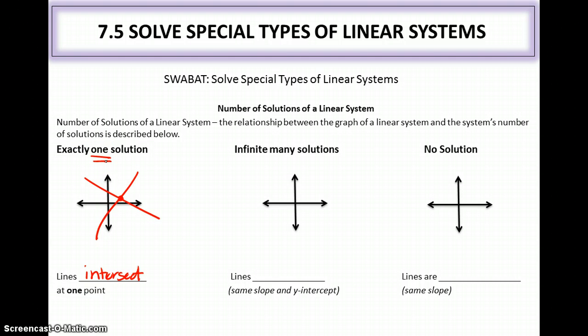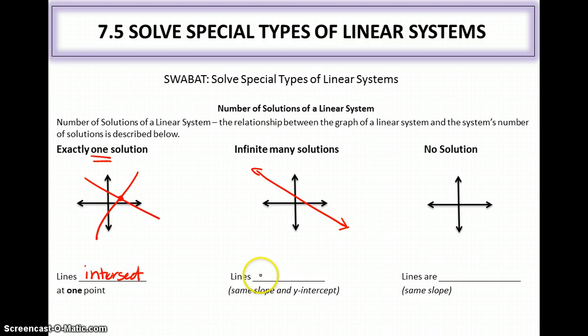Now what's special, and what we're going to see today, is if a system has infinitely many solutions. If one solution means they touch only one time, then infinitely many solutions would mean they touch infinitely many times. And when would two lines touch infinitely many times? If they're the same line. They touch at every single point, all the way to infinity.